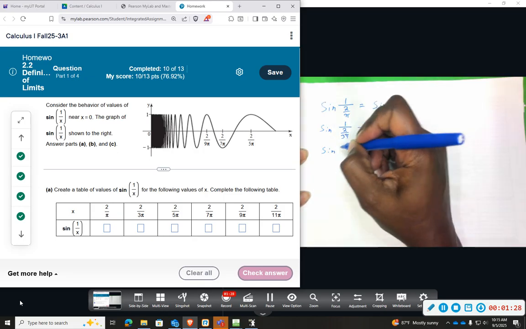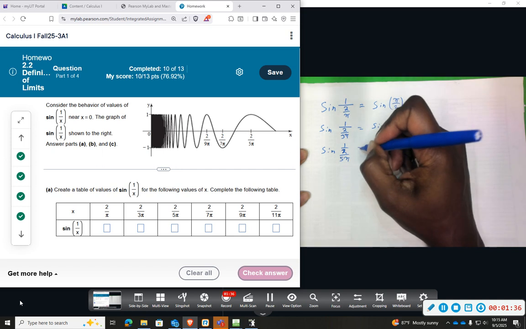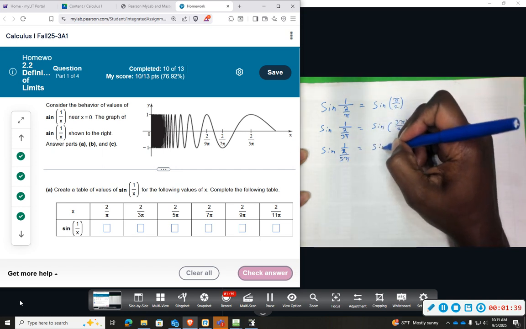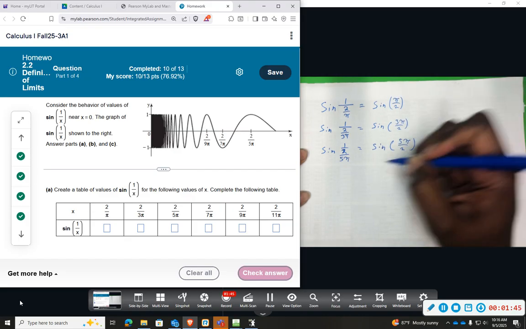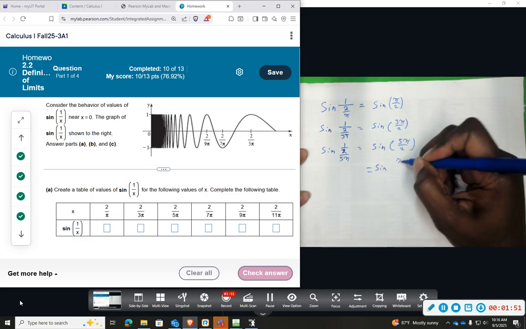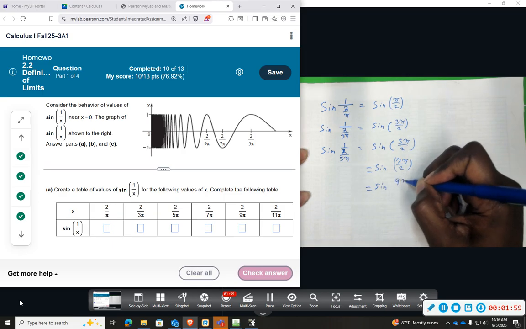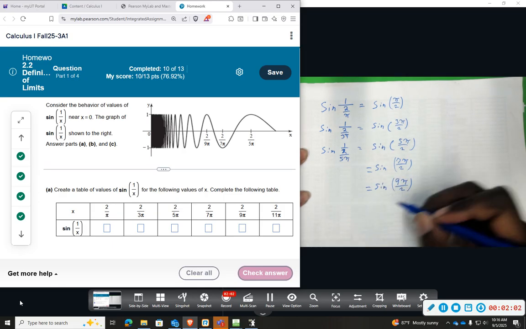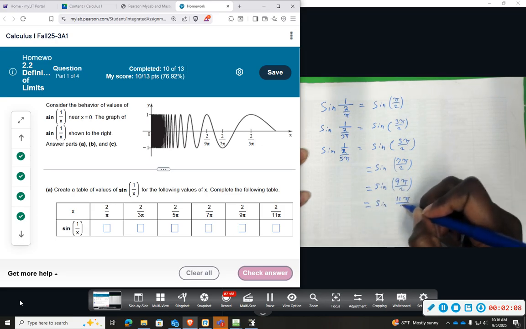And then we plug in sine 1 divided by 2 over 5 pi, and that gives us sine 5 pi over 2. And if we continue, we'll get sine of 7 pi over 2, and then sine of 9 pi over 2, and then finally sine of 11 pi over 2.